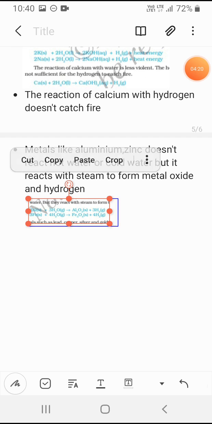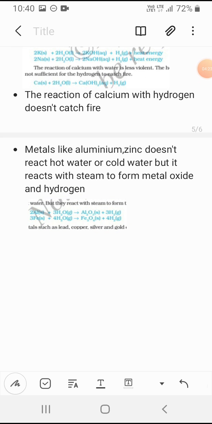This is the formula for metals like aluminium, ferrous, that is iron, and zinc.